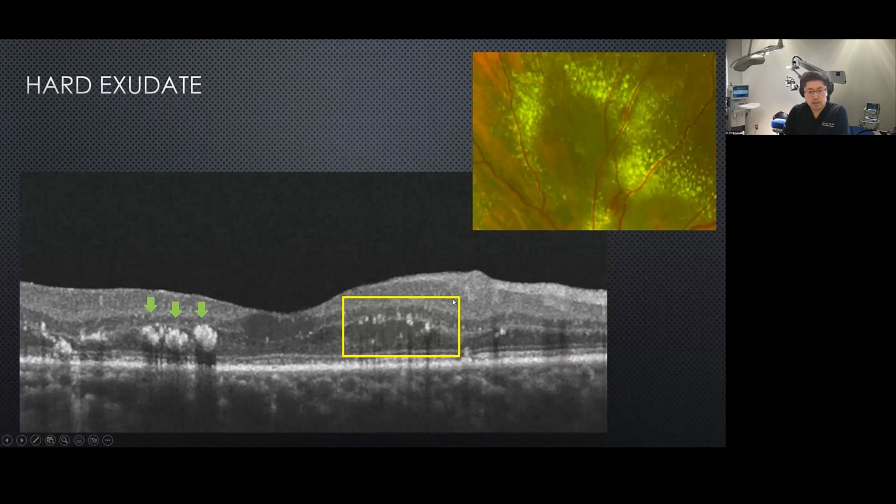Now, the yellow box highlights the presence of hyperreflective foci, and the green arrow points to hard exudates. And of course, both are very close and parafoveal. And as we can see, these exudates are light blocking because of their cholesterol content. As a solid particle, it blocks light. So when these particles come within the fovea region, it will cause patients to have significant vision loss.